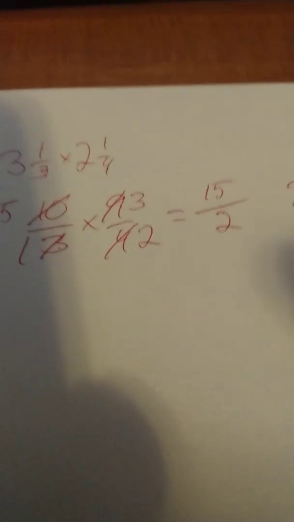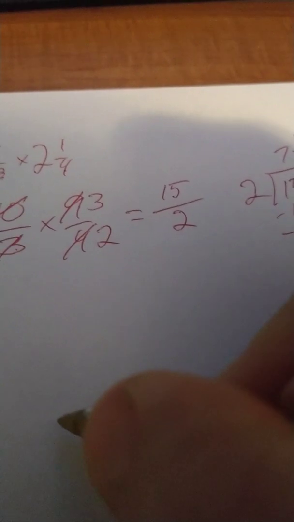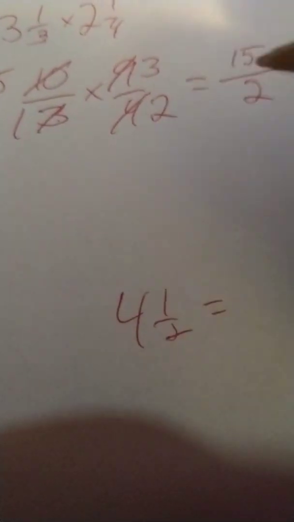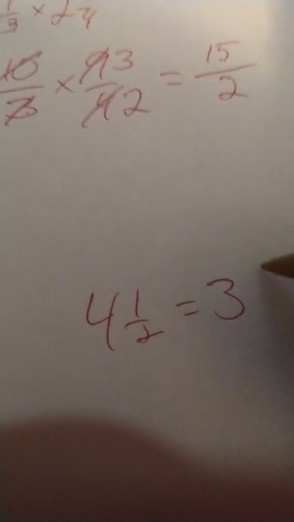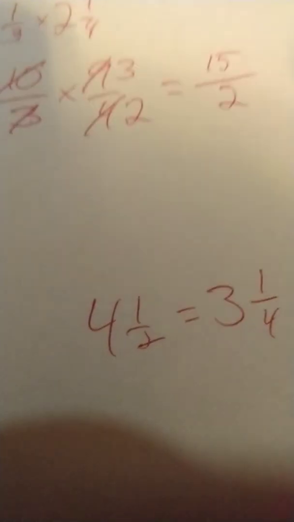What if we had division? Let's do 4.5 divided by 3 and 1/4. Oopsie, that is an equal sign, not a division sign. All right, getting hard to hold the paper here. So 4.5 turns into 9 over 2.